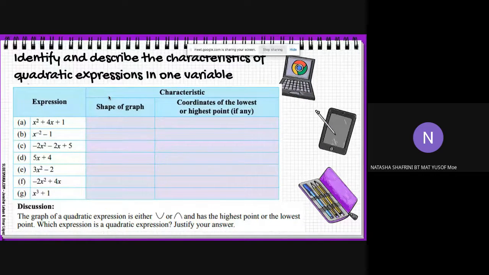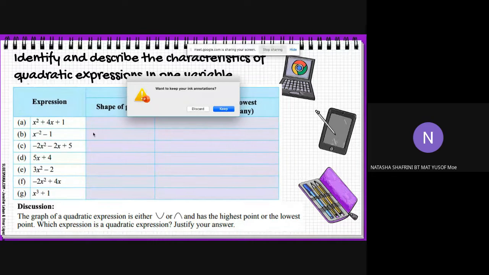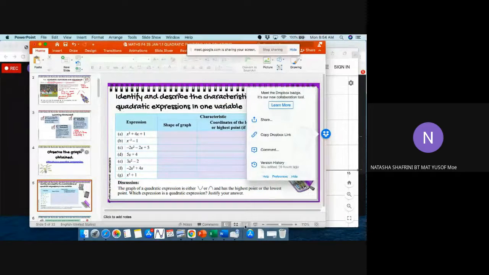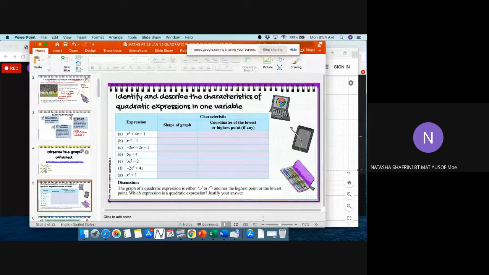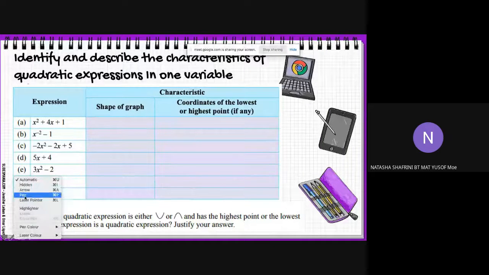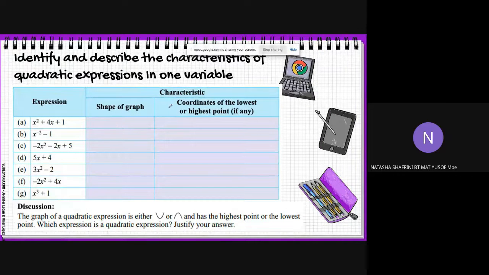Okay, so tadi N shape. Untuk N shape kita ada, sekejap ya. Okay, untuk N shape kita ada okay, ni U shape, yang ini bukan.